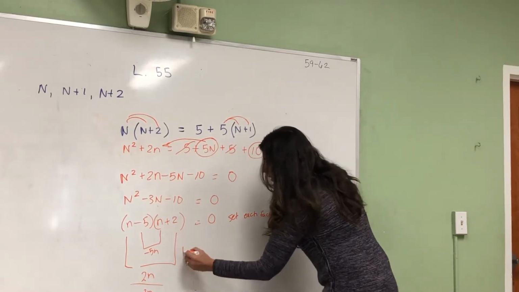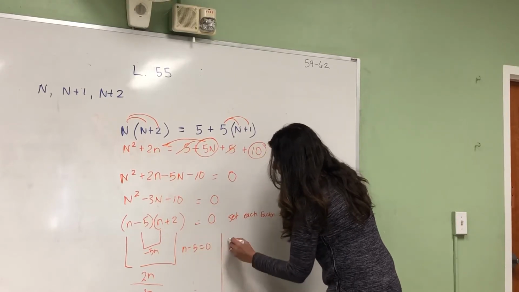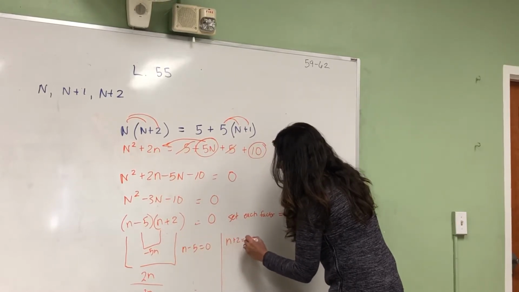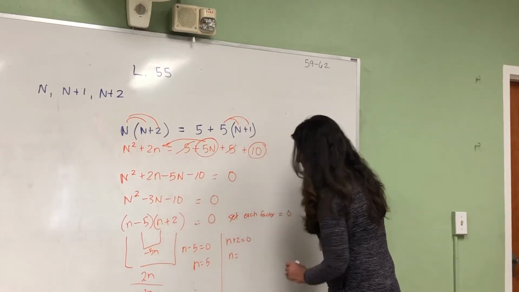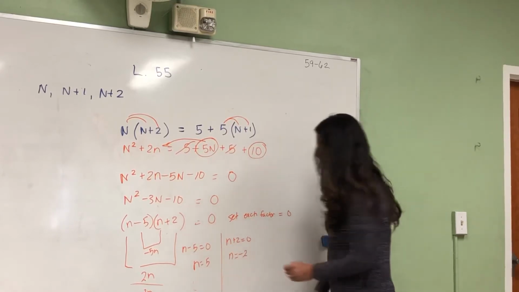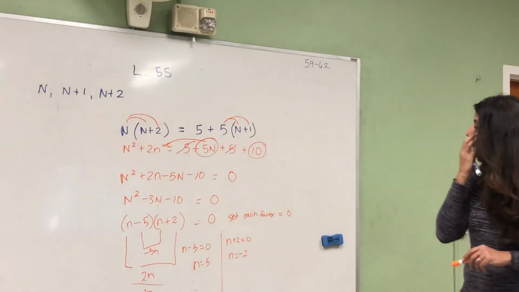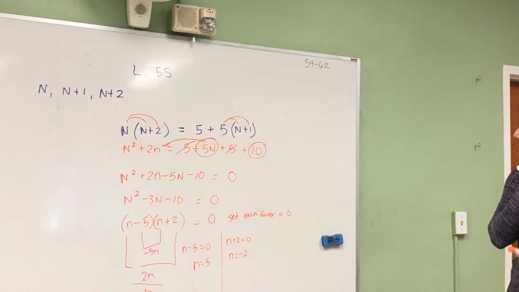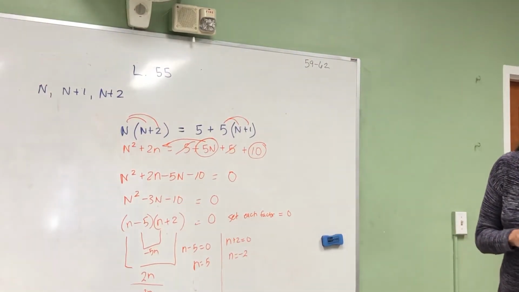So we have n minus 5 equals 0, and n plus 2 equals 0. n equals 5, n equals what? n equals -2, right? Are we done? It's 3 integers we have to find, right? Yes.